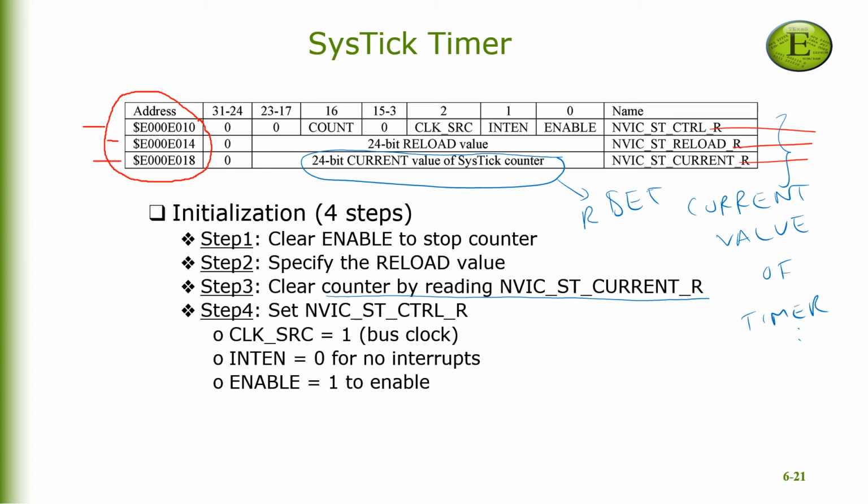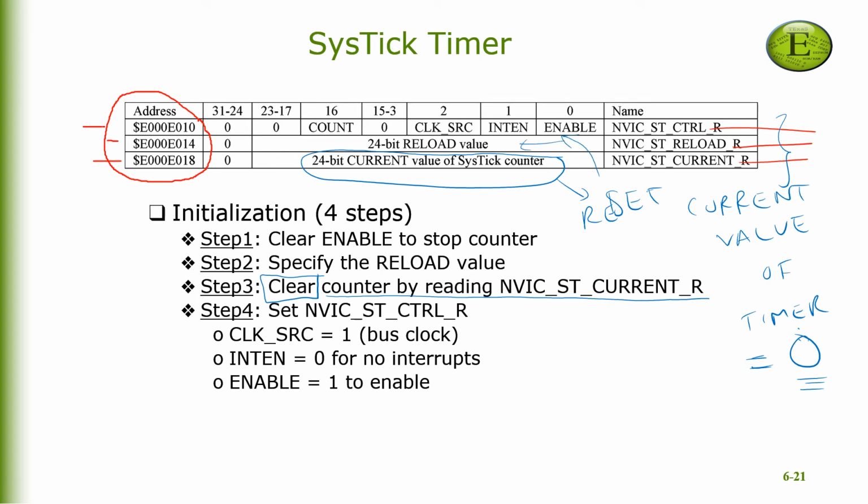We are going to reset the current value of the timer equal to 0. That means clearing, just as we clear or set bits. So clear stands for setting the current value of the timer equal to 0. And we really want to replace this 0 with the reload value over here.